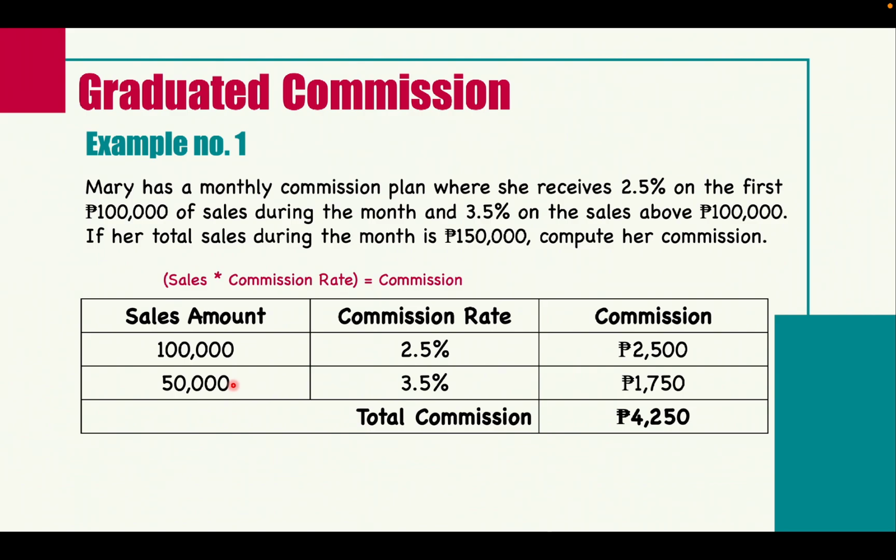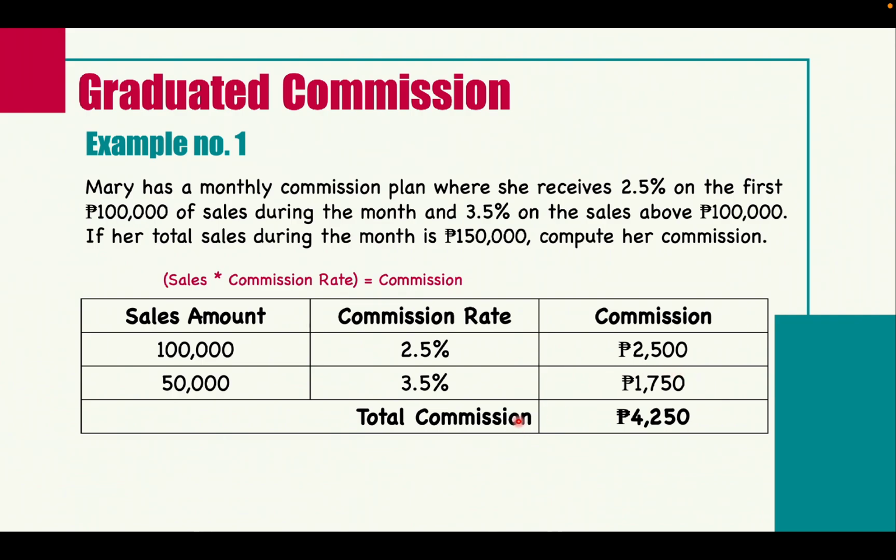Okay? So, for 50,000, Mary gets a commission of 3.5%. And so, we will solve it. 100,000 times 2.5% is 2,500 pesos, while 50,000 times 3.5% or 0.035 is 1,750.